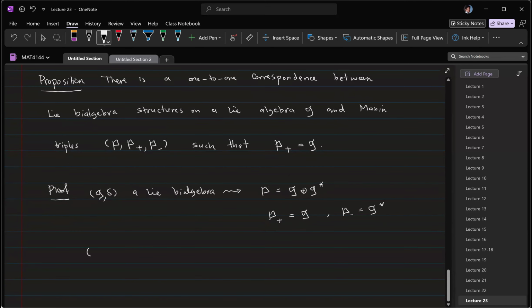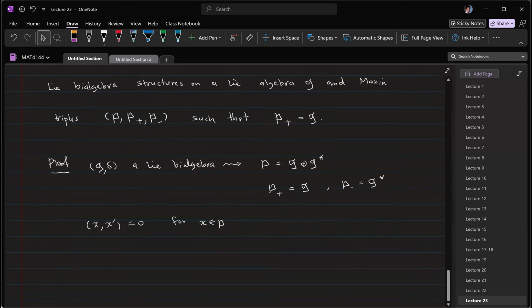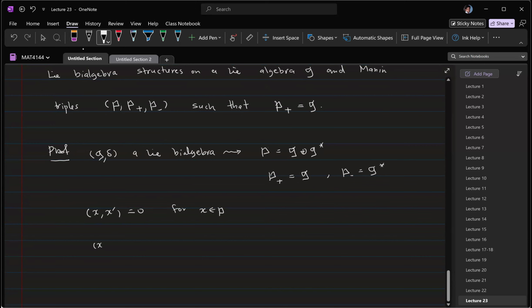So I define the bilinear form to be 0, of course, on P plus and P minus. And now, to avoid confusion, I represent the elements of P minus by X's, Xi and Xi prime. So these are definitions. Maybe here I should say Xi and Xi prime in P and X and X prime. Okay.